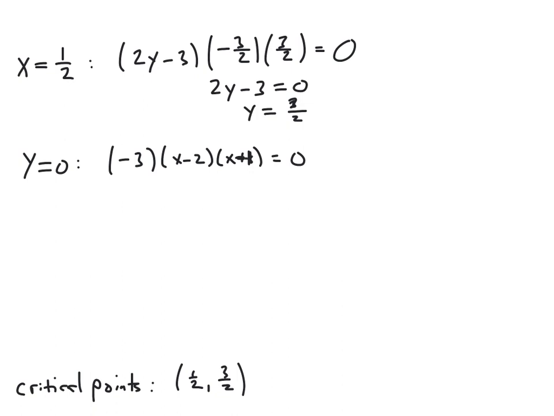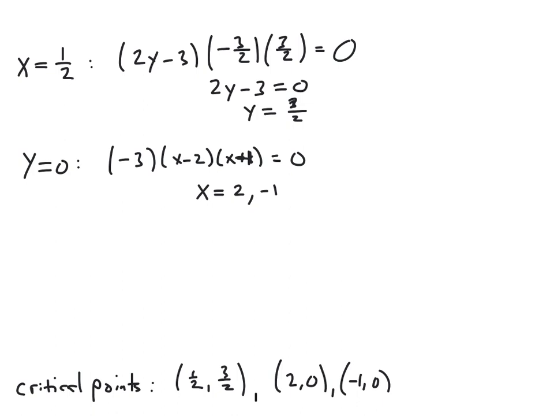So we have this equation here, and the negative 3 doesn't play any role. We can divide out by that constant. And so we see we have two possible values of x here. We can either have 2 or negative 1. Both of those will make f sub y equal to 0. And so we have two critical points here. We have the point 2, 0. That's x being 2 and y being 0. And we also have the point negative 1, 0. So y equals 0 gives us two different critical points.